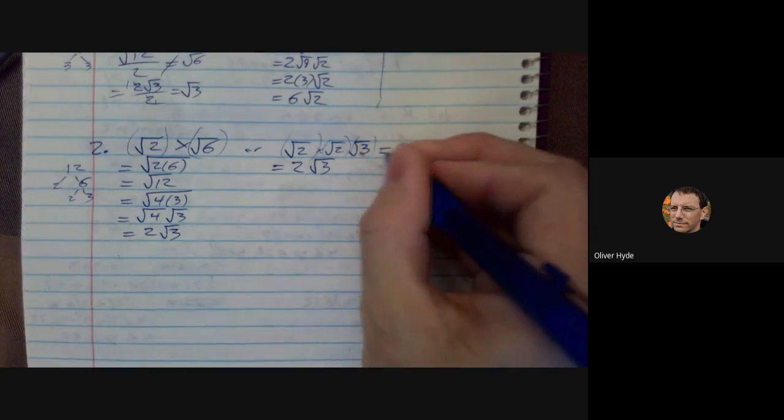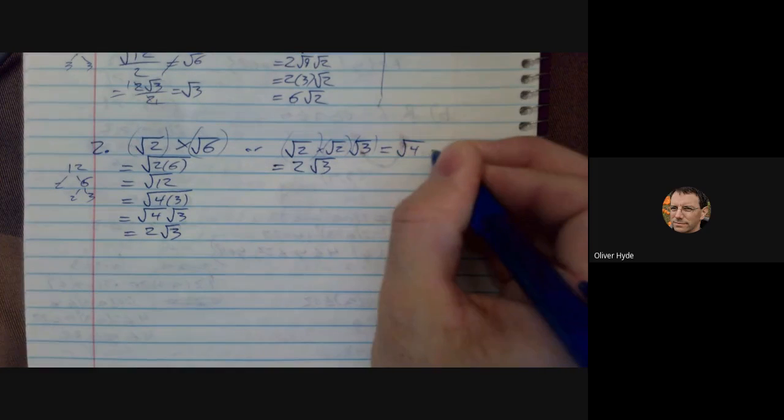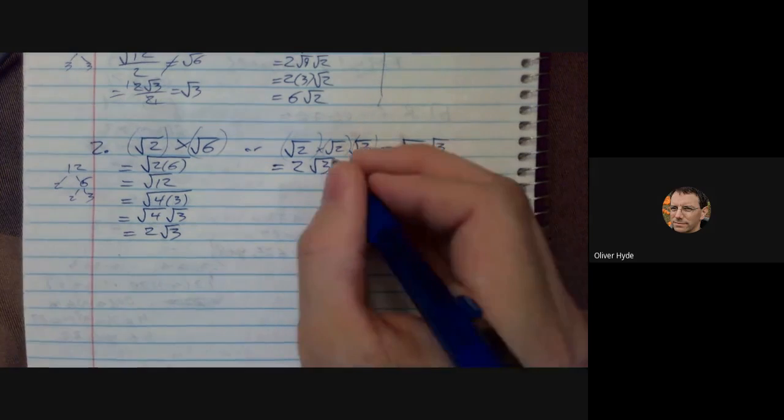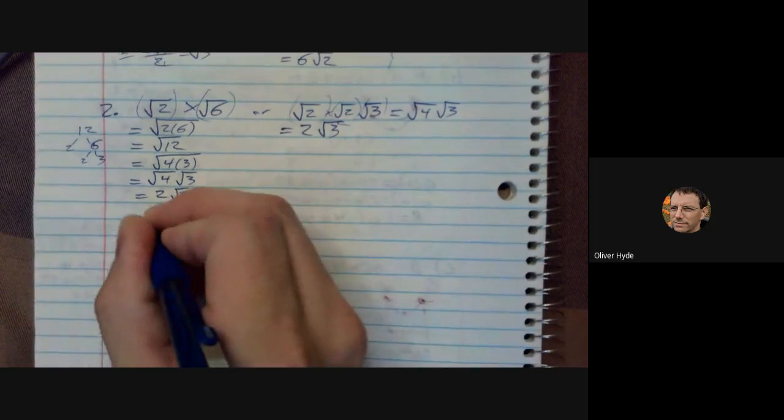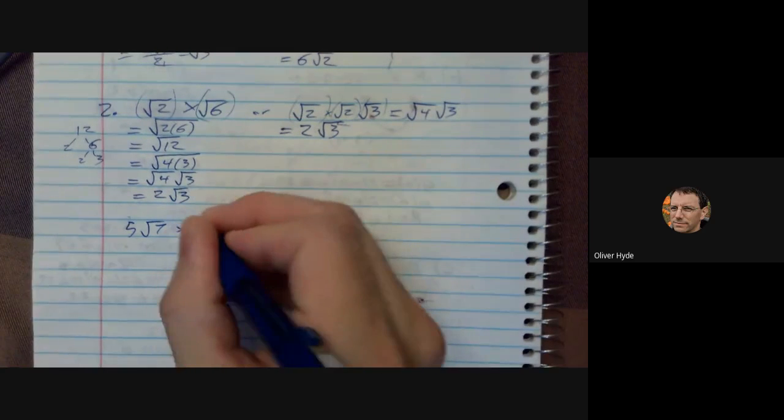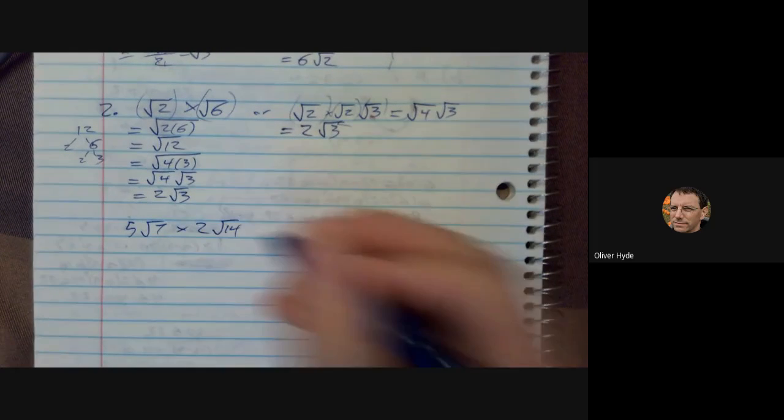Wasn't that faster? I'm still showing all of my steps here. If you were nervous, you could say this is root 4 times root 3, which is 2 root 3. I find this useful when I have something like 5 root 7 multiplied by 2 root 14.